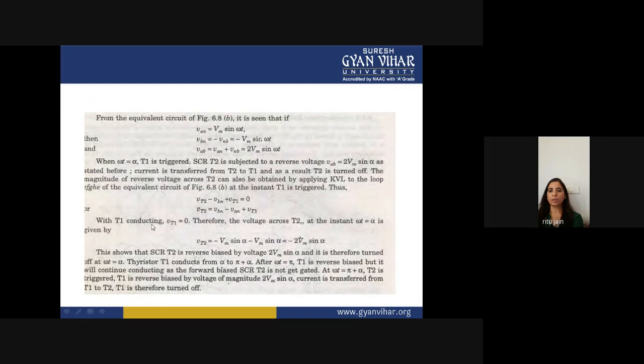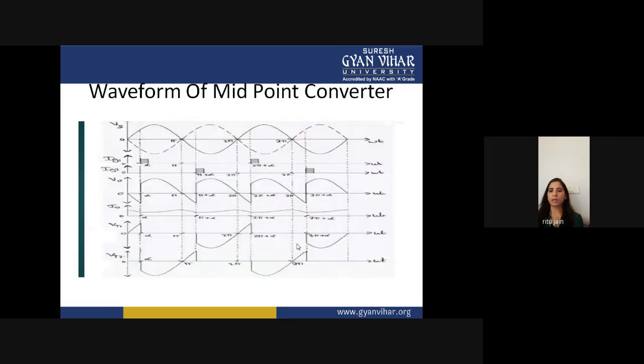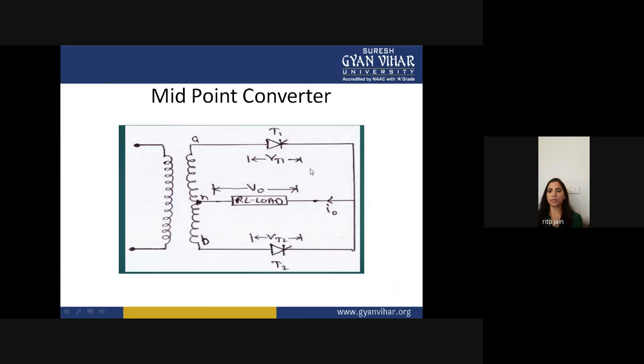With T1 conducting, VT1 is equal to 0. Therefore, the voltage across T2 at the instant omega t is equal to alpha is VT2 equal to minus Vm sine alpha minus Vm sine alpha, which is equal to minus 2 Vm sine alpha. So you can see that when thyristor T1 is conducting, the double voltage, which is negative, appears across this SCR, which is equal to minus 2 Vm sine alpha.